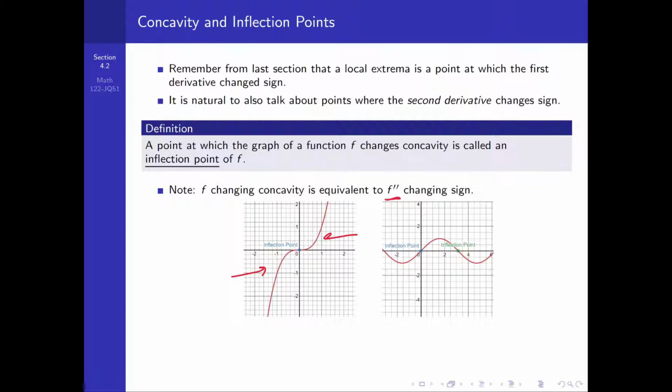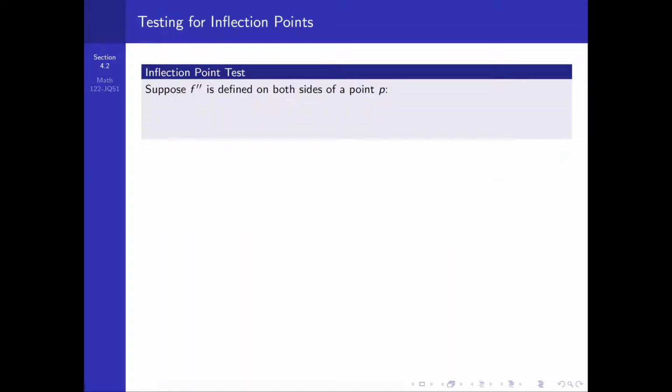And then again, as we go right of x equals pi, we're concave up again. So this function is changing from concave up to concave down over and over again. And likewise, the second derivative is changing from positive to negative over and over again. So looking for inflection points amounts to looking for changes in concavity in your graph.